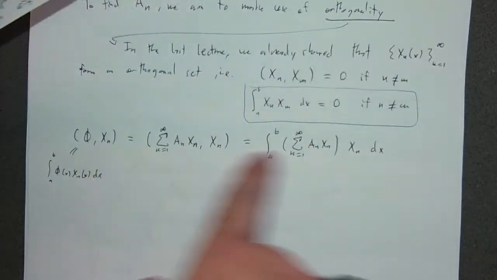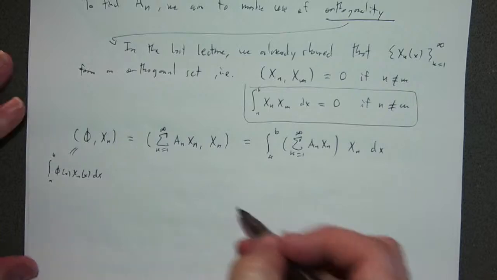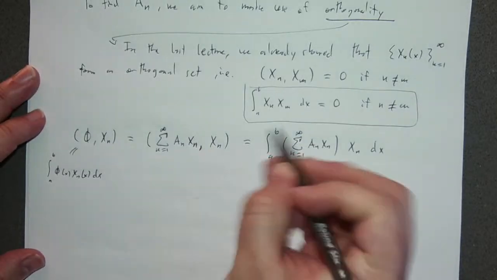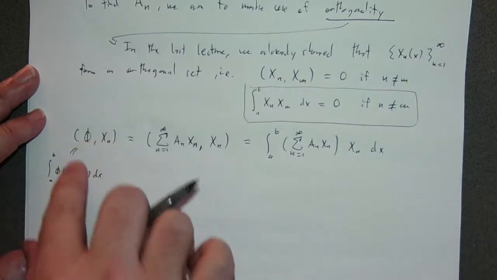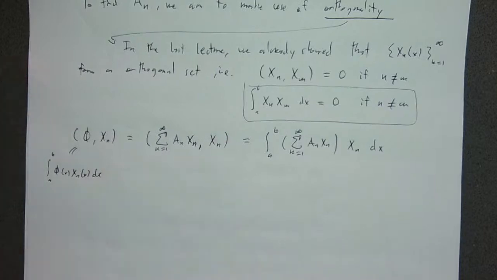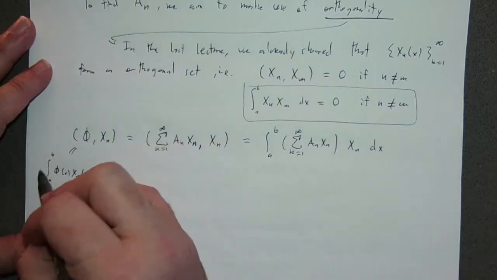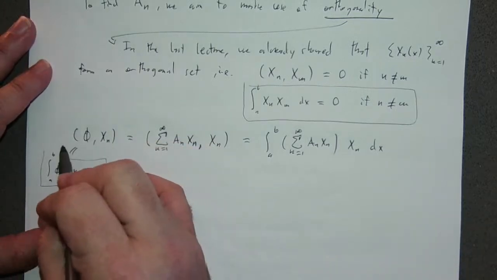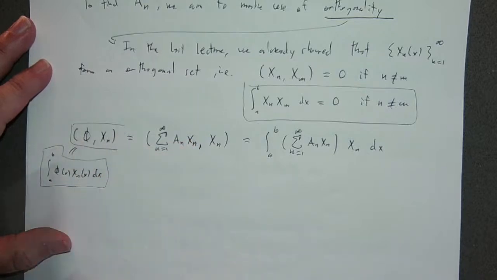This is obviously identical. It's just in case you're confused because a lot of parentheses are showing up here, but there's a comma here. So this is the definition of that inner product: the inner product of phi with x sub n is the integral from a to b of phi times x sub n. Forget about this for a second. This is fine, but we started here.